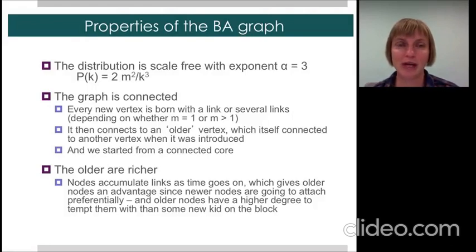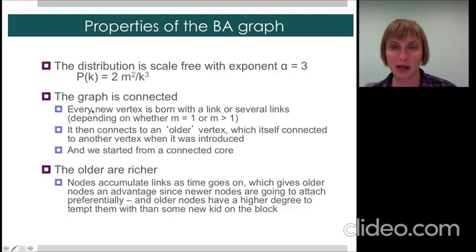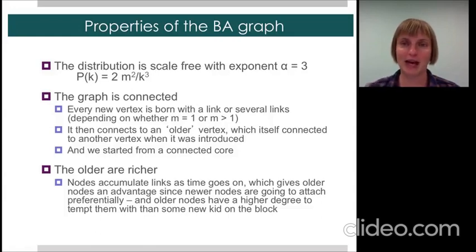So just to review, we have the properties of the Barabási-Albert graph, a power law exponent of 3. We have that the graph is connected because we start out with a connected graph, and every subsequent node is going to attach to an existing node which itself has attached through some chain to some of the original graph.